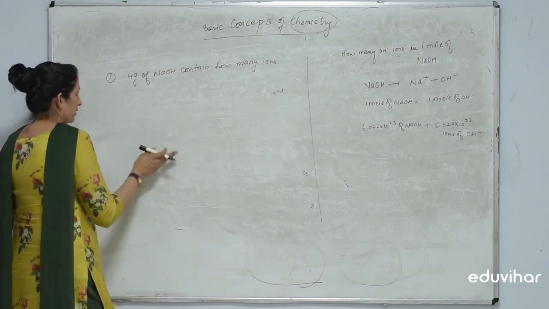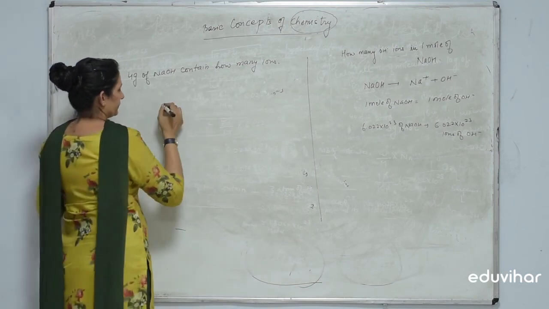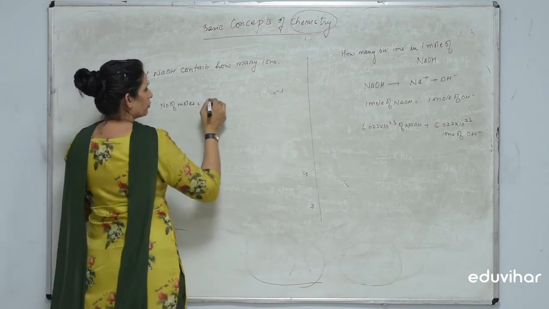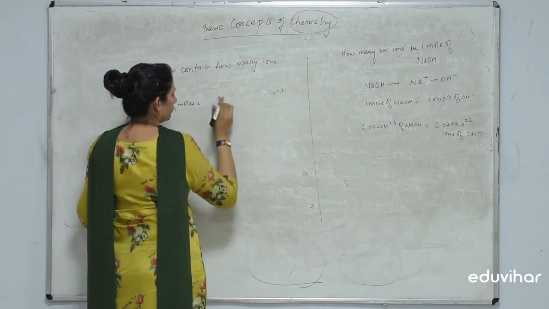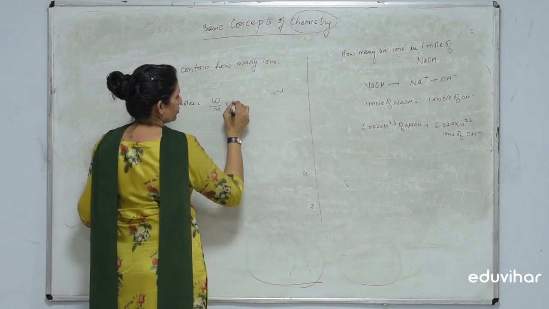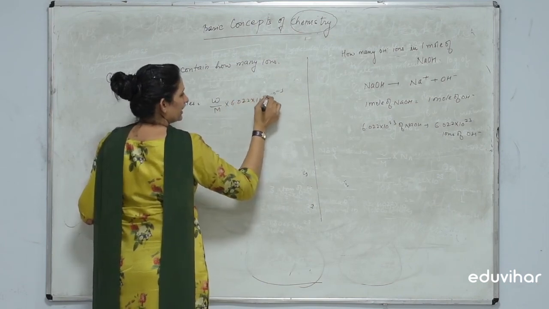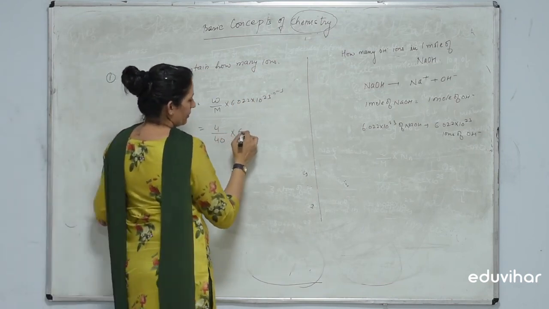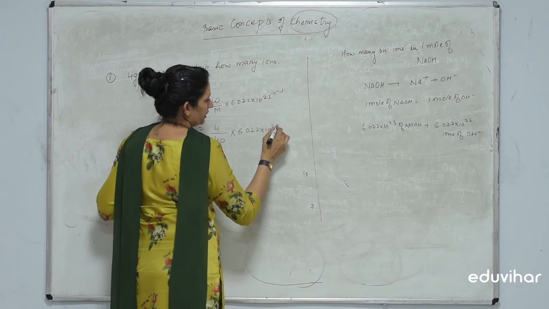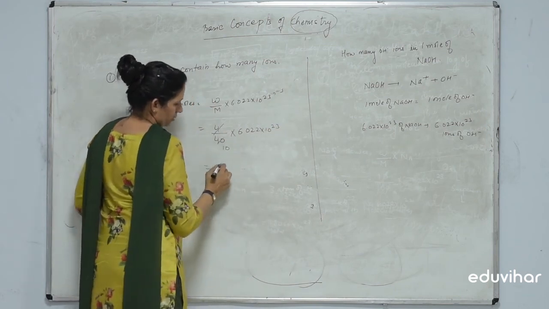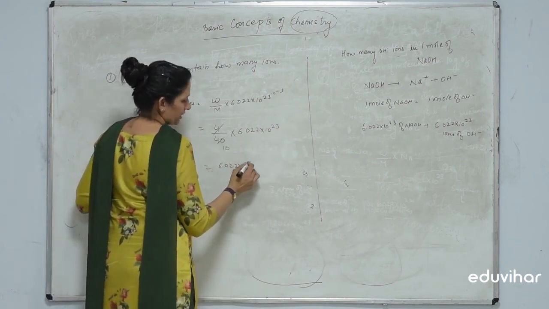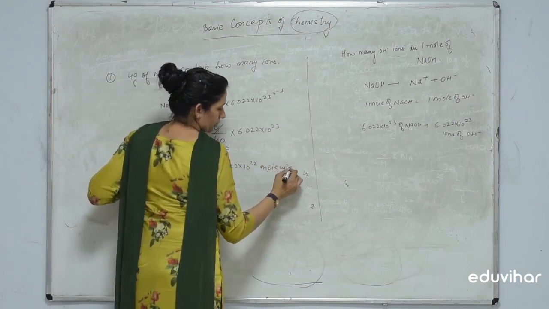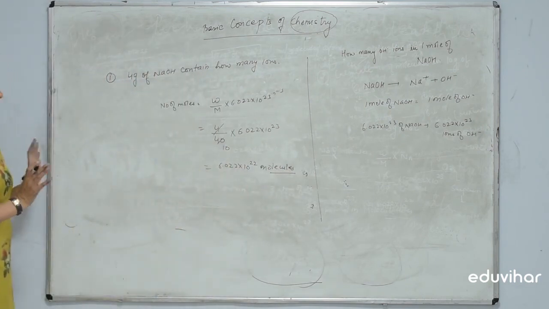To calculate the number of ions, first we calculate the number of molecules, that is equal to W upon M into 6.022 into 10 raised to power 23. W is 4, molecular mass is 40, multiplied by 6.022 into 10 raised to power 23. 1 by 10, that is equal to 6.022 into 10 raised to power 22 molecules. I think there is no doubt till this point.